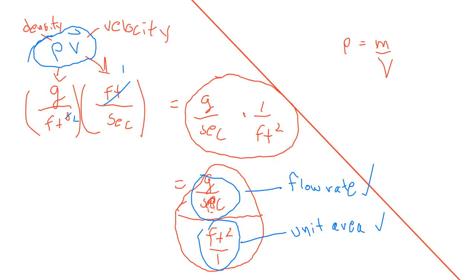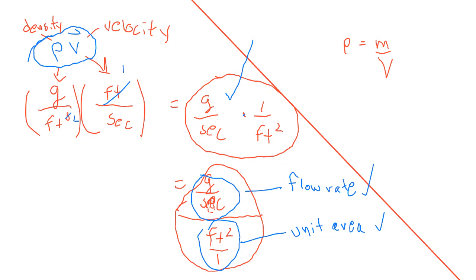Okay, Gordon's good, Ian, thank you, Ellie, thank you, Charles. All I'm saying is that the units for when I take the density times this velocity vector, I can write the units. For this little example, the units were grams per second times 1 over the square foot. But I can rewrite that unit so that I have grams per second per feet squared.